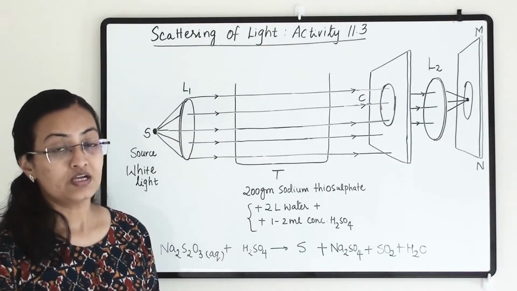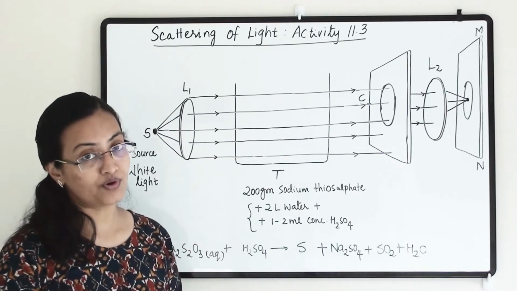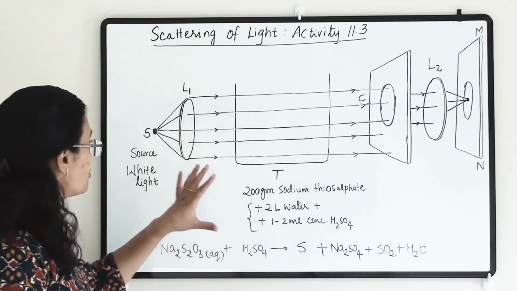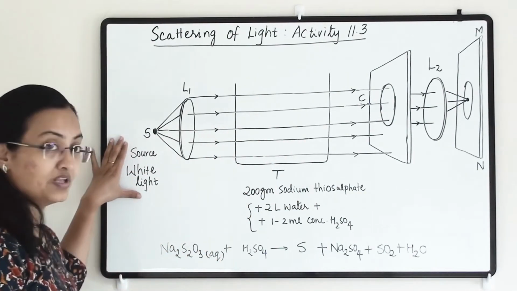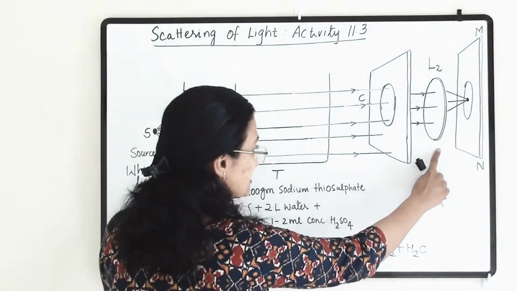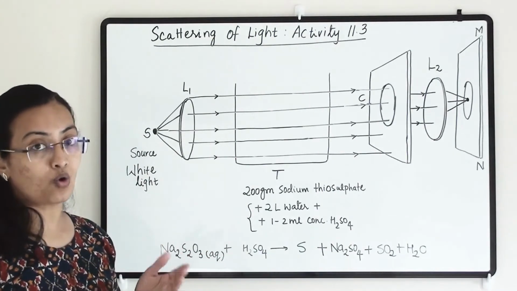Scattering of light. This phenomenon we are going to understand with the help of activity 11.3. In this activity, this is the setup in which we have taken a source of light which is white in color. After that we have taken two lenses. Both lenses are converging lenses, that means they are convex lenses.